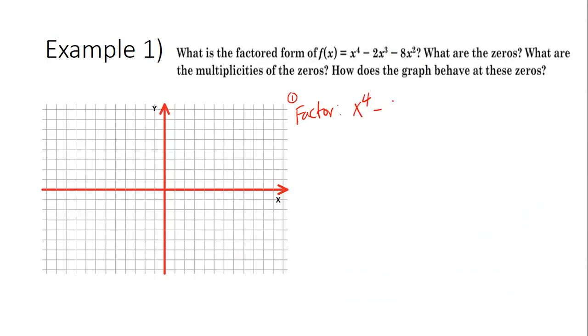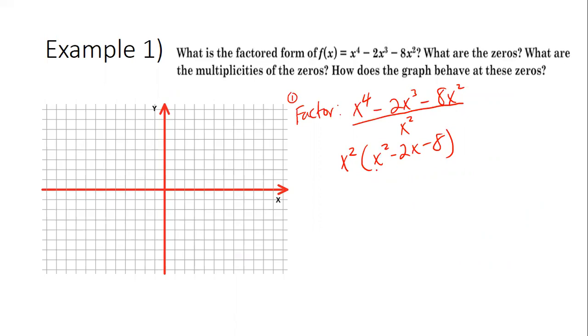So if I have x to the 4th, 2x to the 3rd, and 8x squared, what is their GCF? The GCF is x squared, right? They all have at least 2 x's. So I'm going to factor out x squared, and I'm left with x squared minus 2x minus 8.